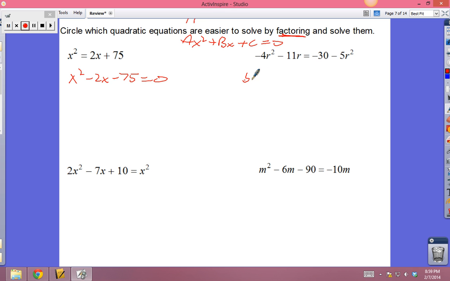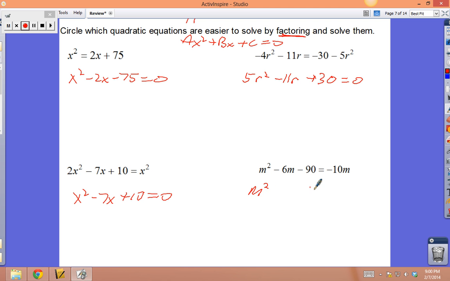This one's going to be 5r squared minus 11r plus 30 equals 0. This one is x squared minus 7x plus 10 is 0. And this one is m squared plus 4m minus 90 is 0.